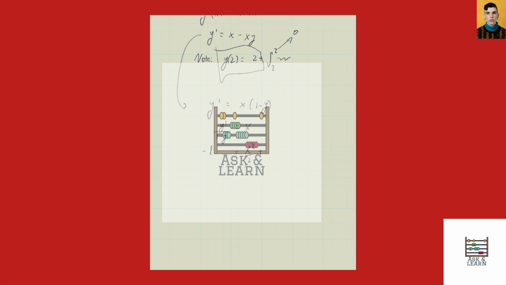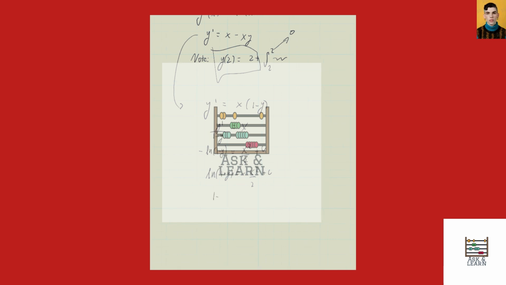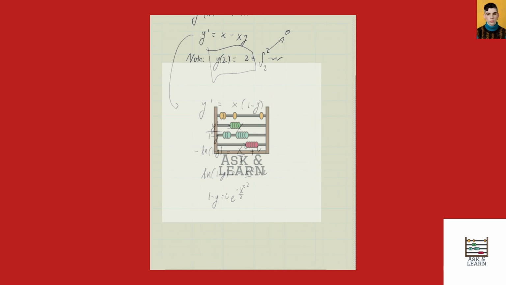integrating the left-hand side with a bit of substitution is going to give us negative ln of 1 minus y. Oh, we need to note we have a plus c over there, which then means that we have ln of 1 minus y is going to be equal to negative x squared over 2, and we can leave that as plus c because c is arbitrary, which means then that we have 1 minus y is going to be e to the power of negative x squared over 2 plus c, or that's the equivalent of just putting a constant out in front.